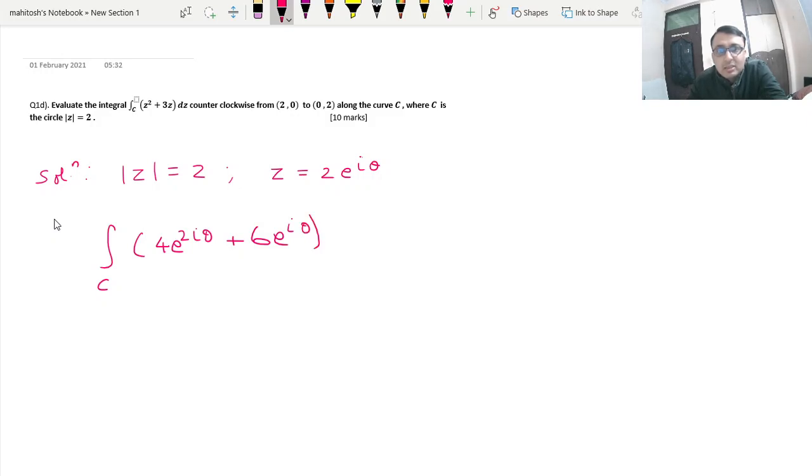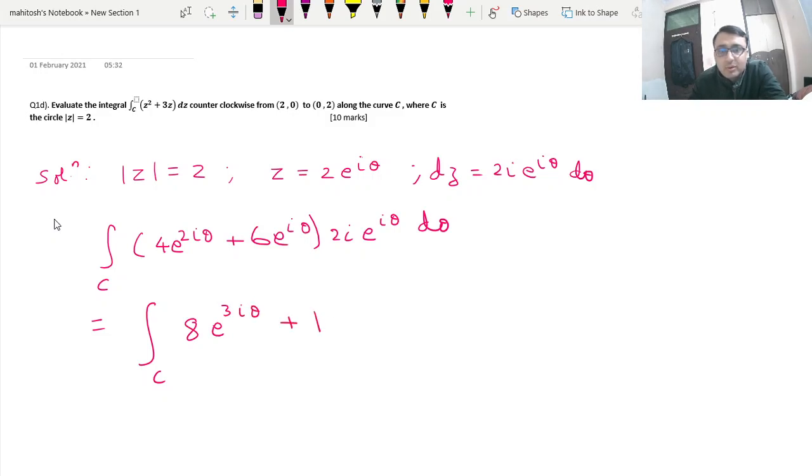And dz can be written as 2i e to the power i theta d theta. So along this curve, this is 8 e to the power 3i theta plus 12 e to the power 2i theta, and I take the i outside.